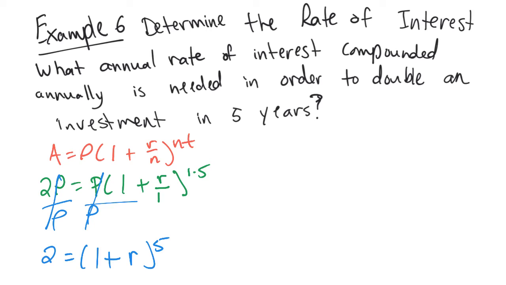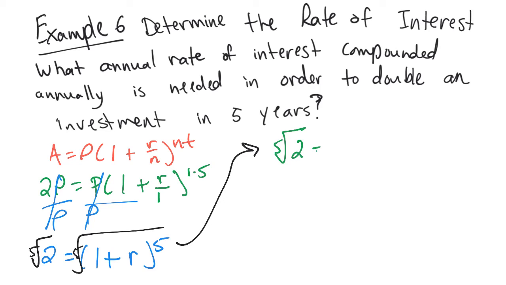So the 5th root of 2 equals 1 plus R. Move that 1 to the other side, so minus 1, minus 1. So the 5th root of 2 minus 1 equals R.